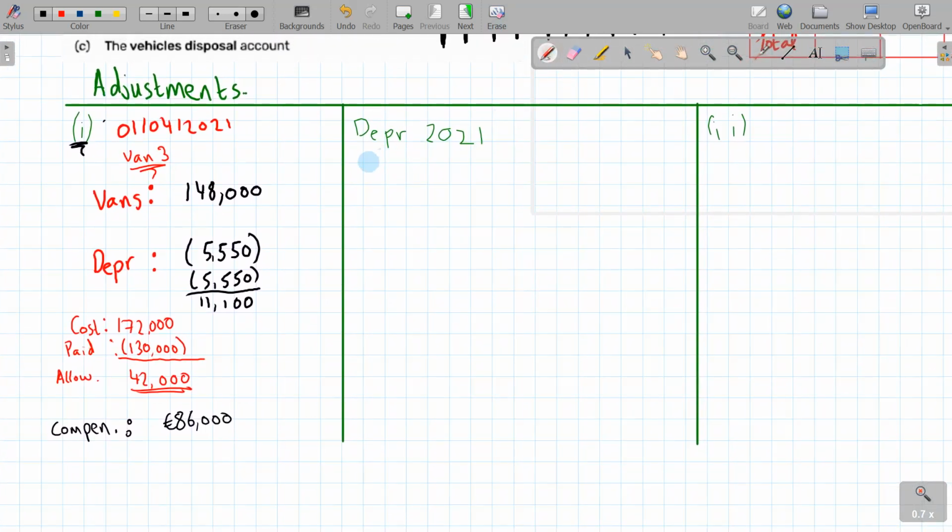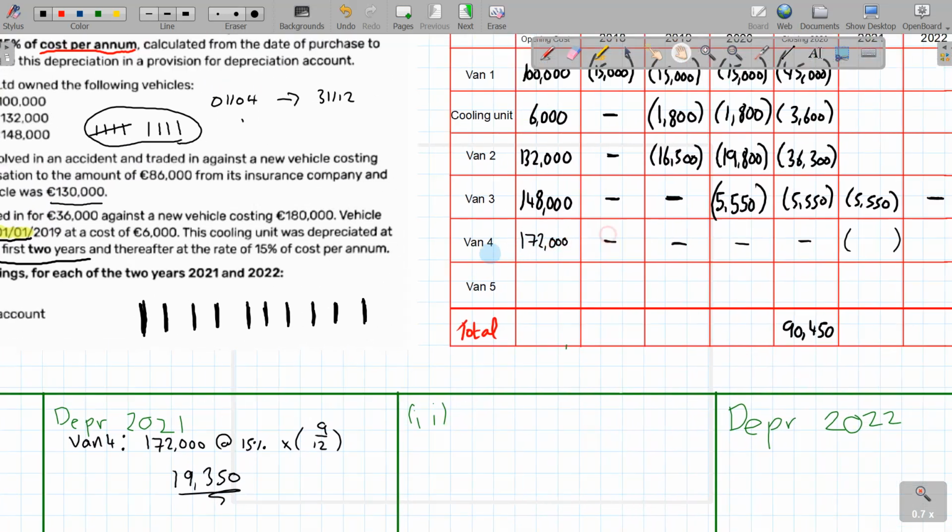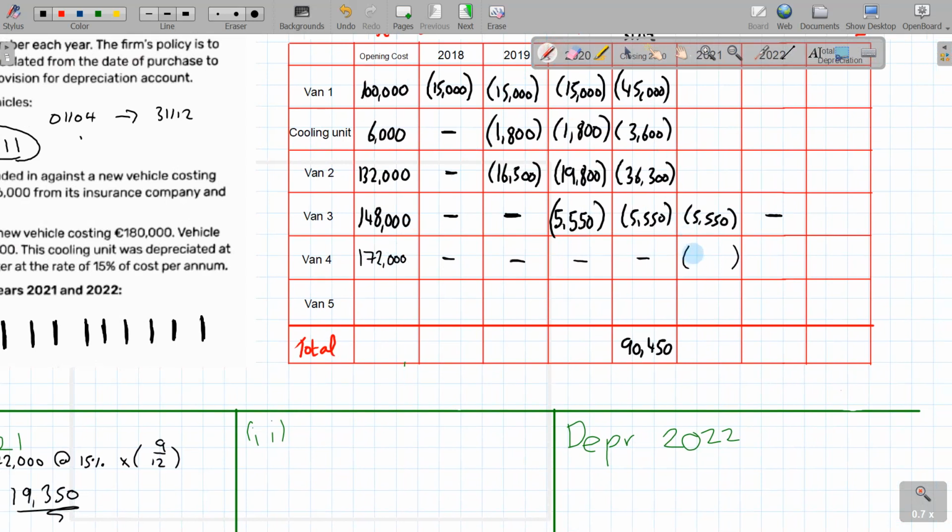Depreciation 2021 for van 4. 172,000 at 15% for 9 months of 12 is 19,350. So 19,350.